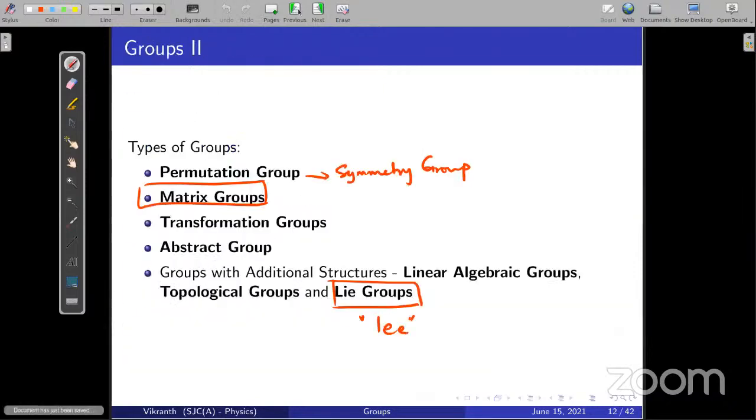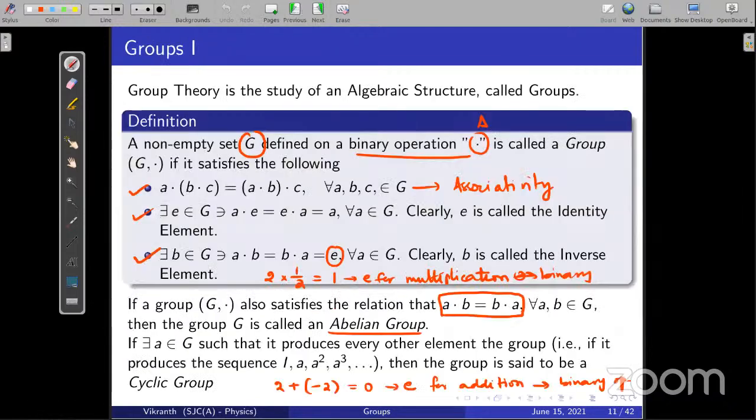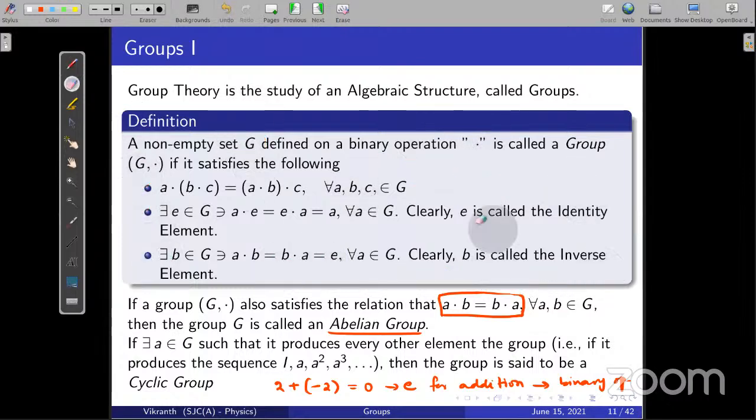So let's go back here, and I'm going to erase a little bit of this so that it's a little clear. Right. So the first one was associative, right? And we assume that matrix multiplication is associative in itself. There is an identity element. We define the identity matrix. So there is an identity element. And the inverse, this is a little tricky.